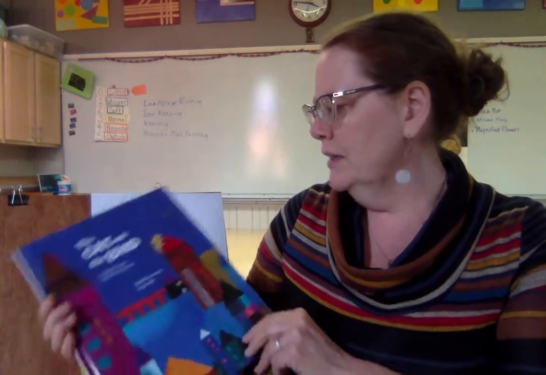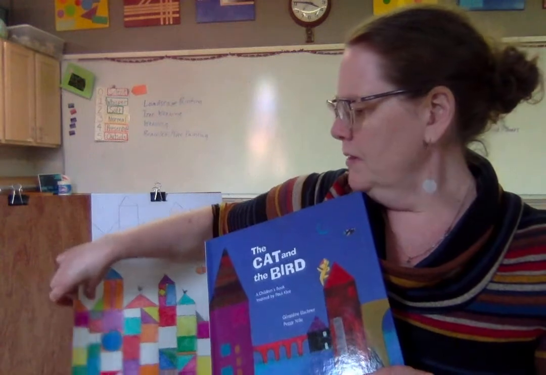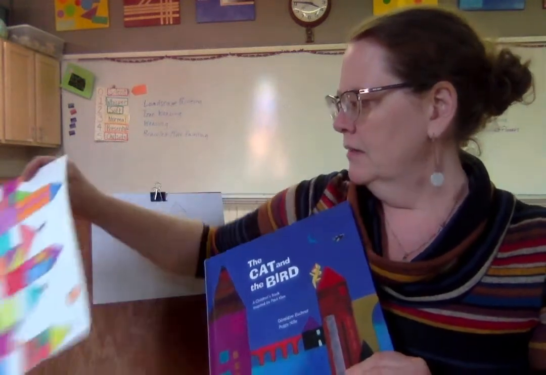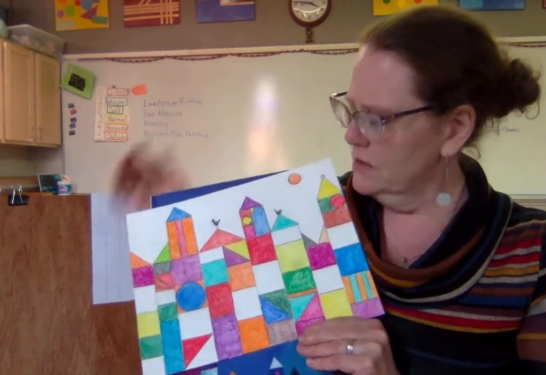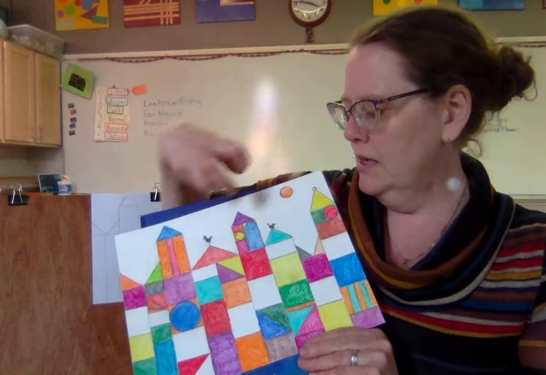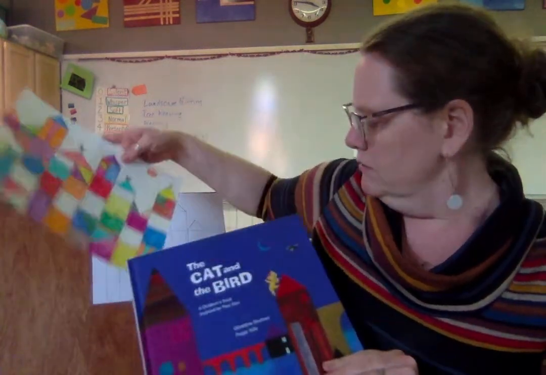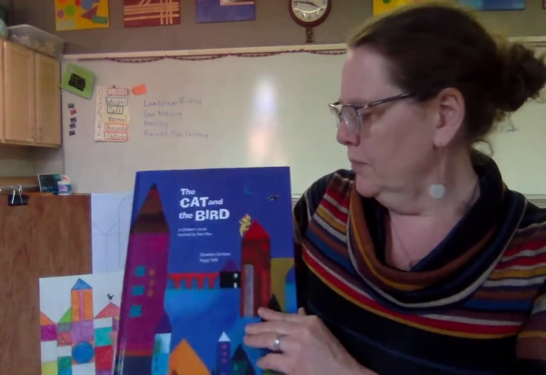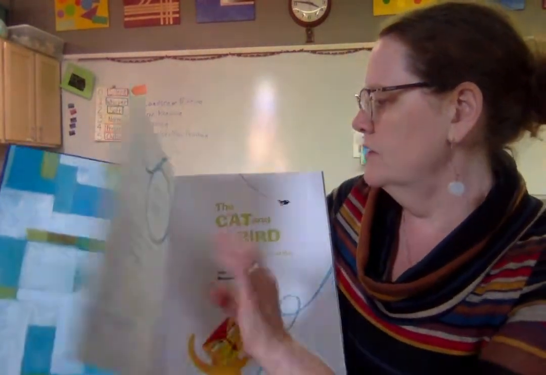So I'm going to read our story today, and we are going to think about possibly some castles or perhaps a cityscape in which a cat or a bird might inhabit. I chose two birds. And while I read, just think about the colors that you see in the bird and the cat that are the main characters of the story.